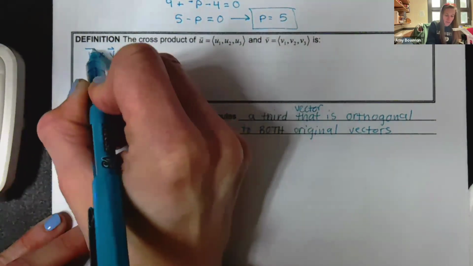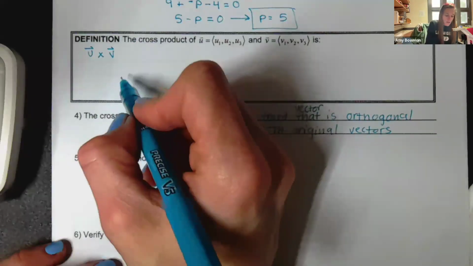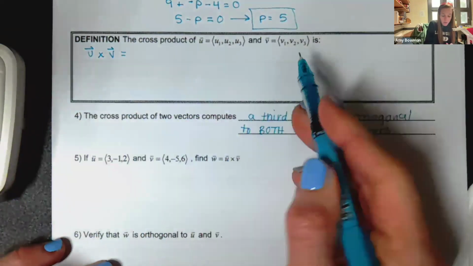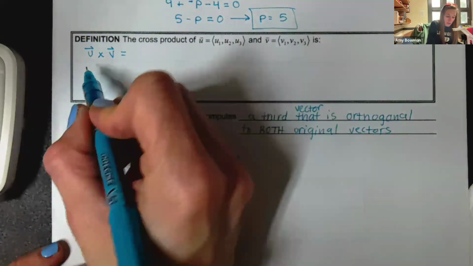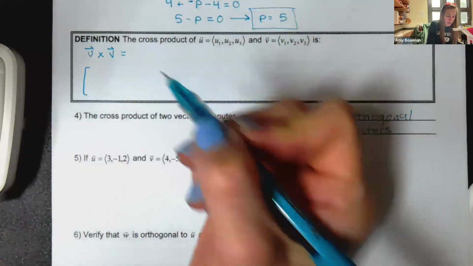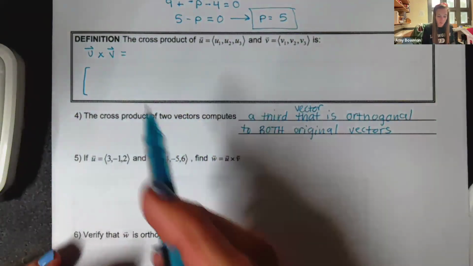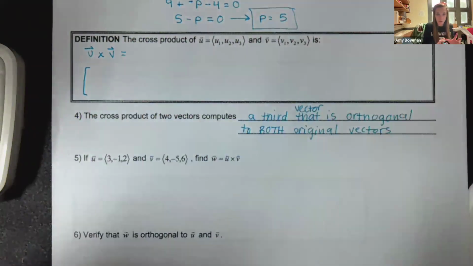So you'll hear me say u cross v versus u dot v. To perform this operation, we first set up our two vectors in a matrix. Don't panic at the sound of the word matrix. Matrices are not covered in our curriculum anymore for pre-calc. All you have to know is it's a way of visually organizing these as a set of things.